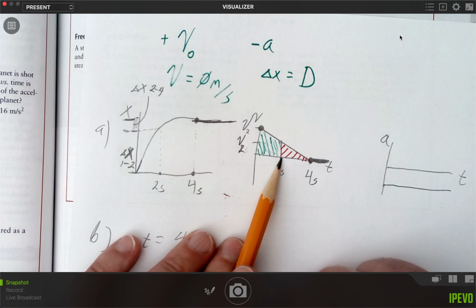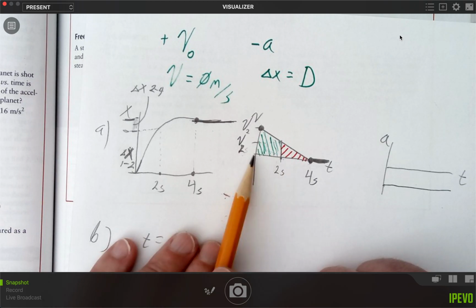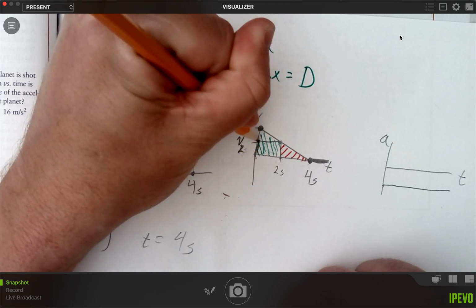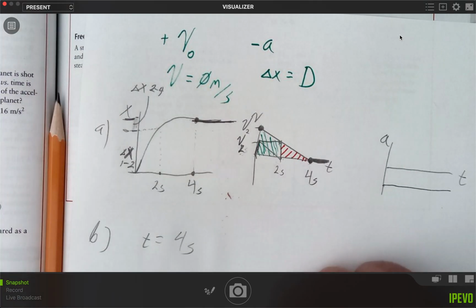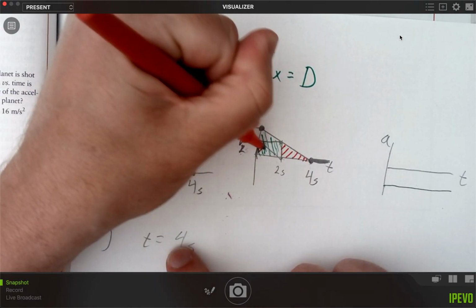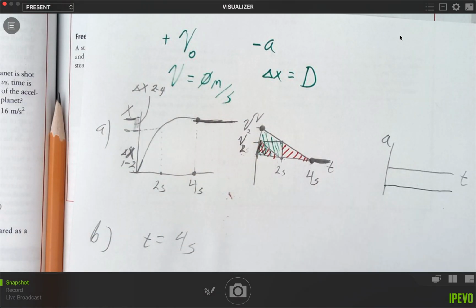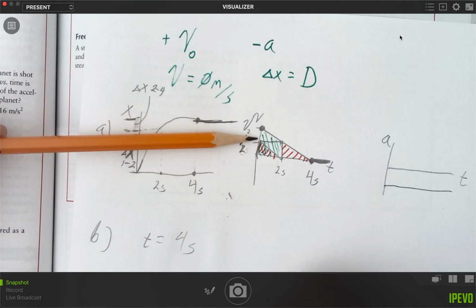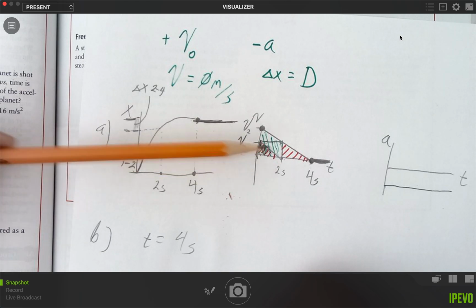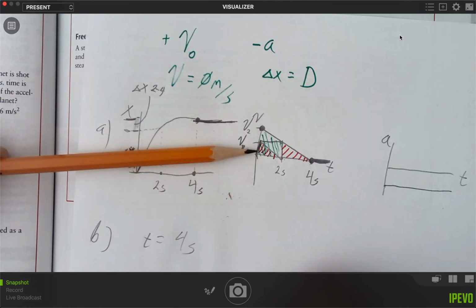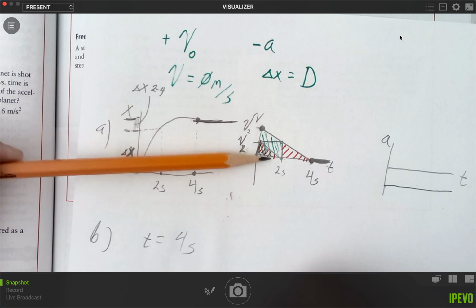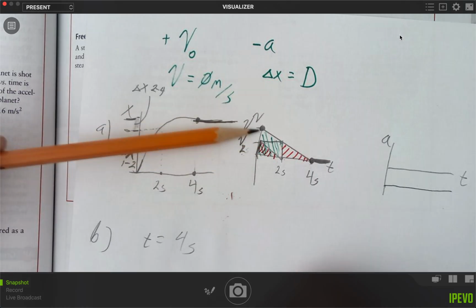That's not even going to equal v2 times 2 seconds, because this right here is a square. The area of the red triangle has a height of v2 and a base of 2 seconds. So the green area is at least double the displacement of the last 2 seconds, at least. Now, we're not even taking into account this part up here.